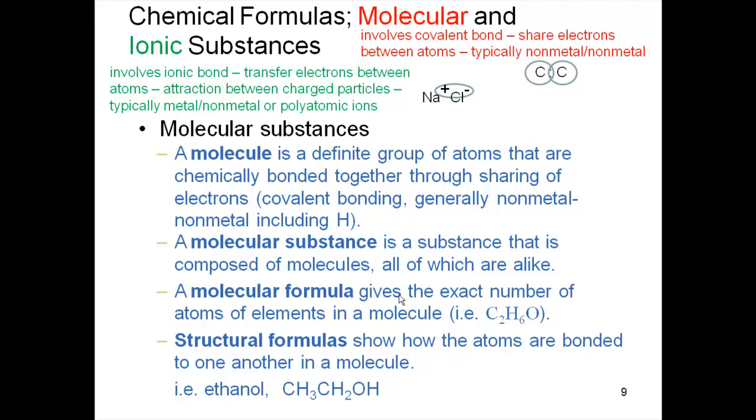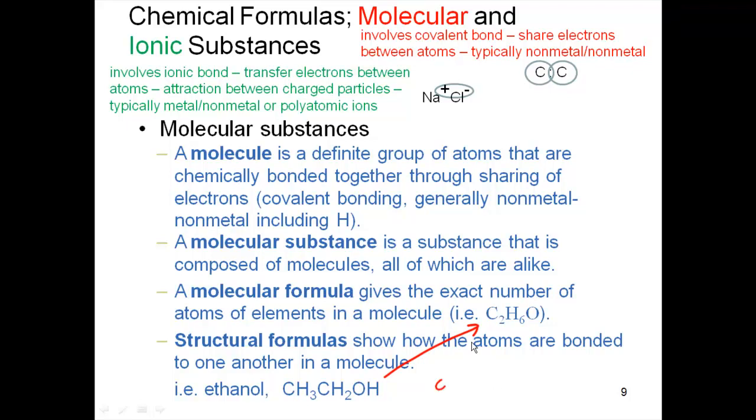Look at this example here: CH3CH2OH. Notice there are 2 carbons, 6 hydrogens, and 1 oxygen. That is the same as the molecular formula given. That is also ethanol. Both of those are ethanol, just one gives us more information. The CH3CH2OH is telling me how the molecule is put together.